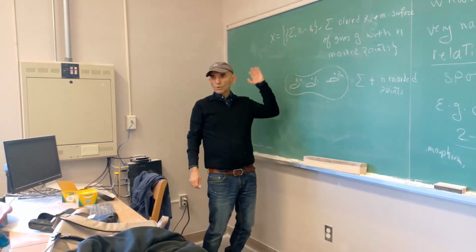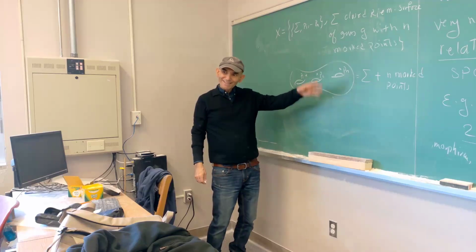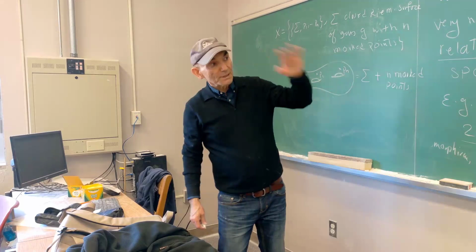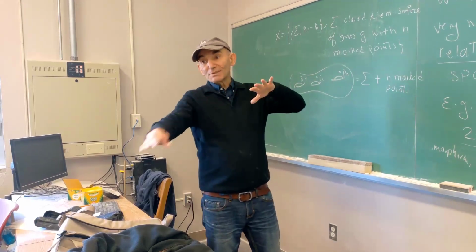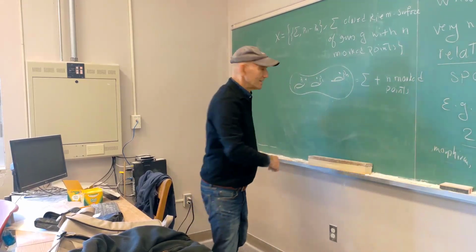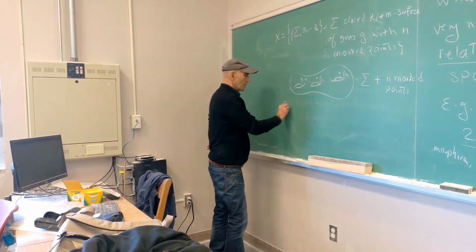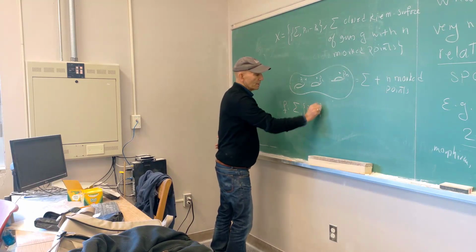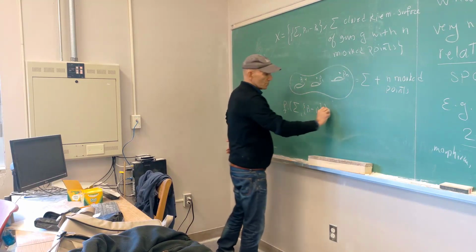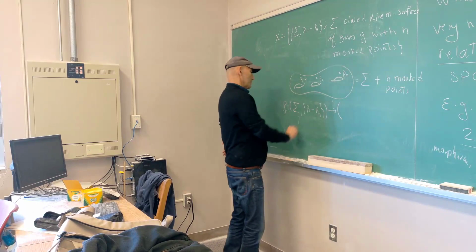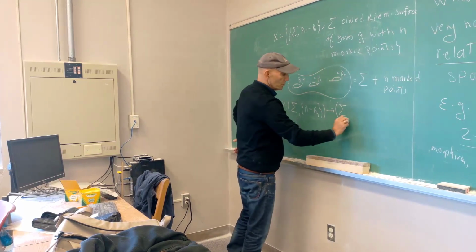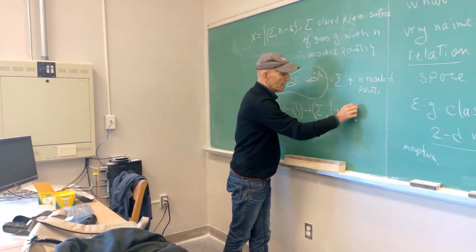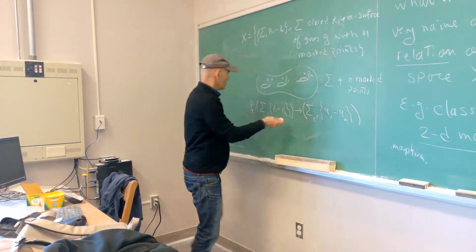This, but then the notion of equivalence is changing now. So it's going to be a biholomorphism, but this biholomorphism should also respect the marked points. So F from sigma with points P1 to Pn to, let me call them sigma 1 to sigma 2, say Q1 to Qn.